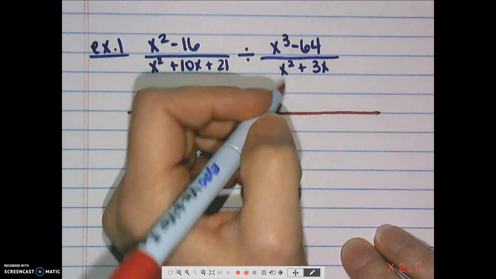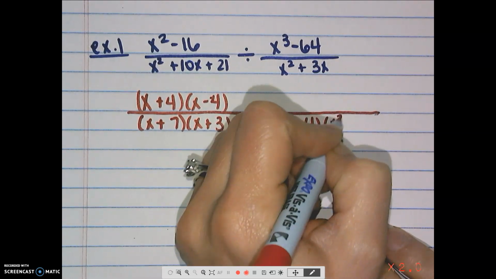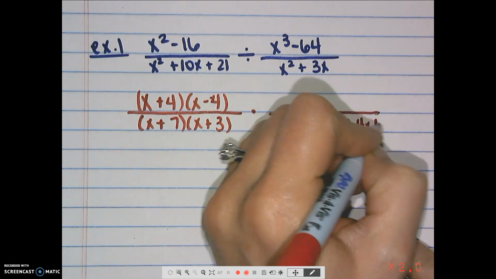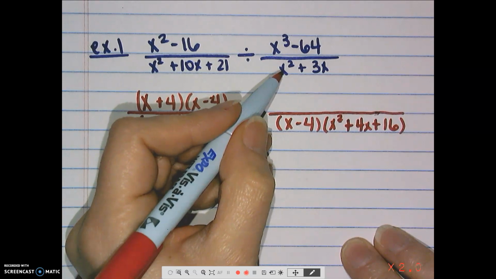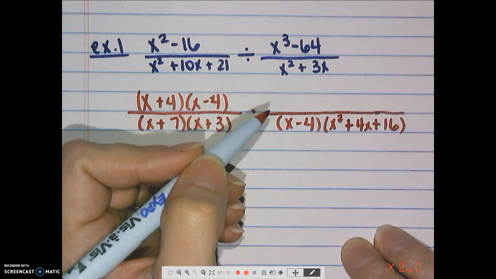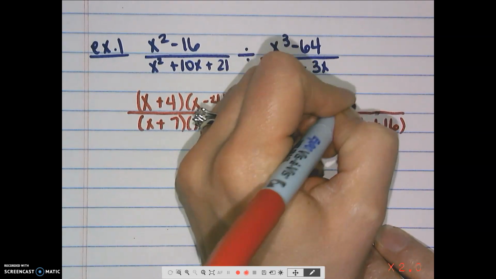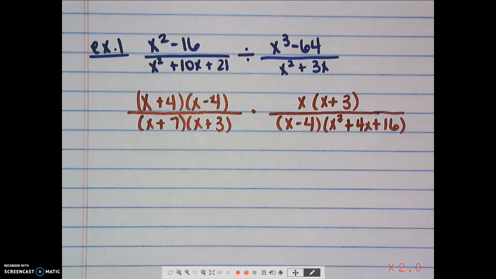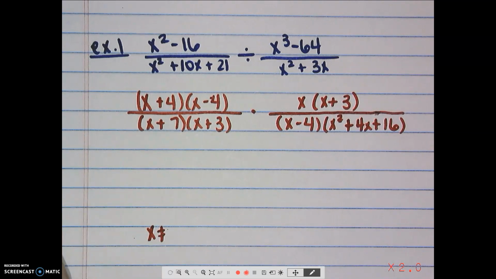Okay, so x cubed minus 64 is a difference of cubes. So that would give us x minus 4, and then x squared plus 4x plus 16. And then the x squared plus 3x is going to flip to the top, and we are going to take a GCF of x out and be left with x plus 3. So then the next step of this process is to write our restrictions, so we don't want to forget that. Remember, we're looking for bottom, bottom, top.